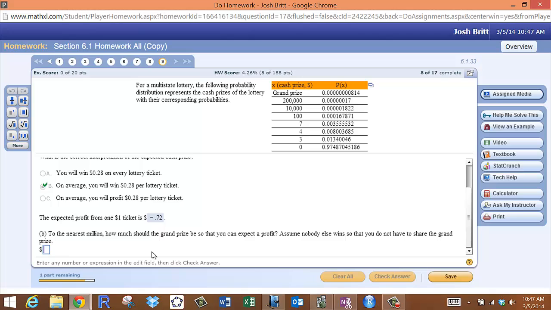Okay, and so this one here gives a lot of students trouble. It says, to the nearest million, how much should the grand prize be so that you can expect a profit? So the grand prize here, we're asking how much should that be to expect a profit. So that's kind of unknown.